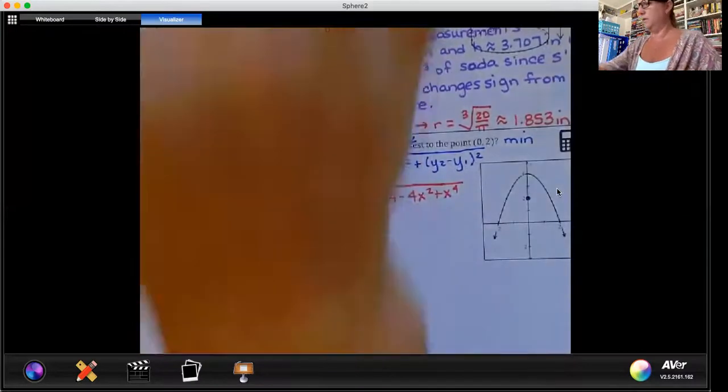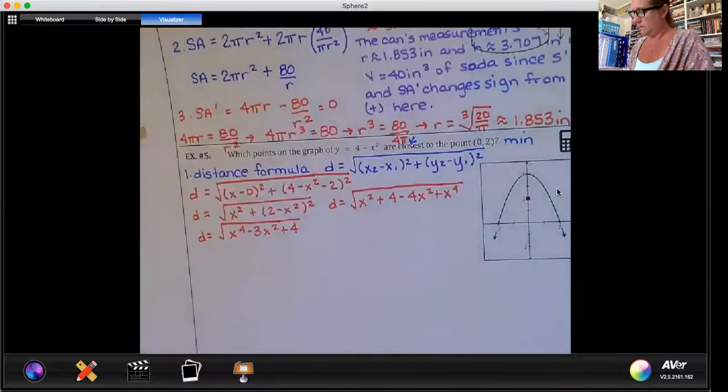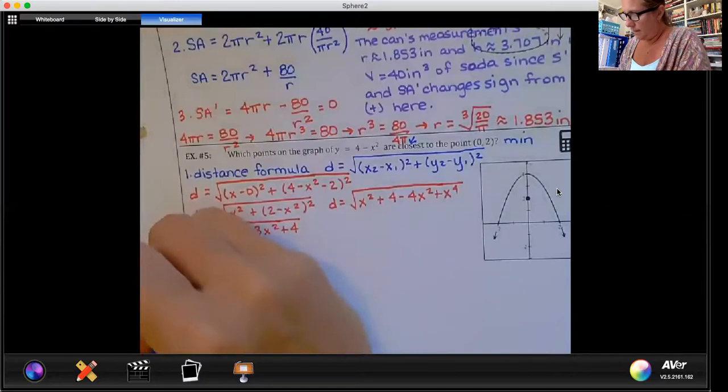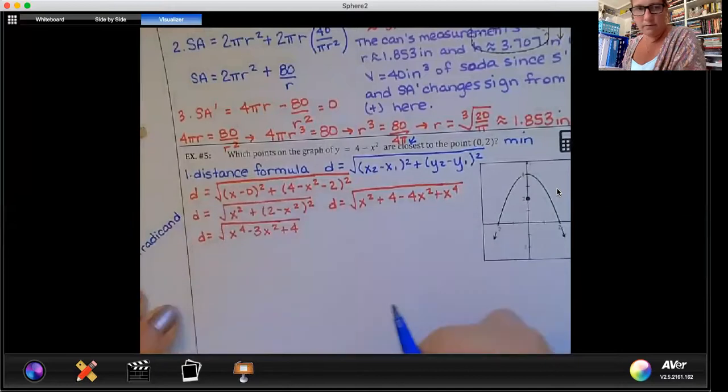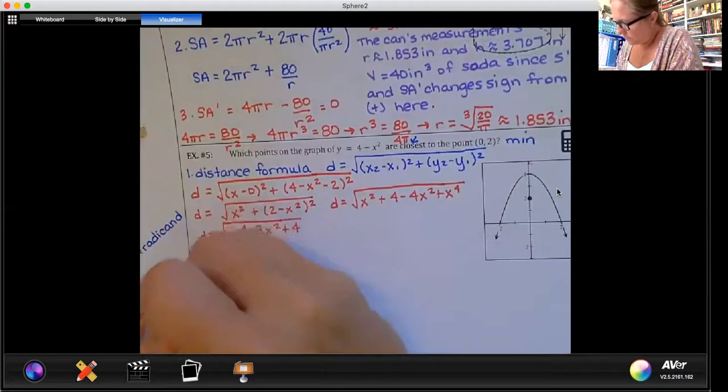Now, a little note here. You can use the radicand to find the smallest critical values.